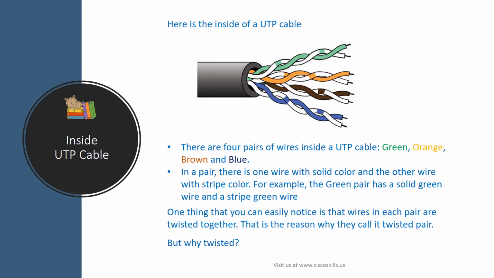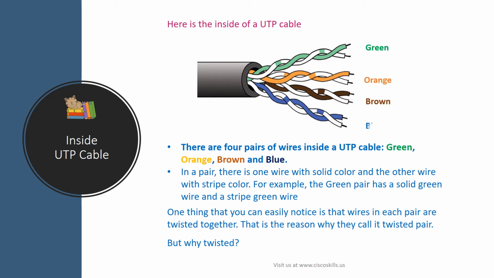To understand UTP cable, let's look inside a UTP cable. As you can see in the picture, there are 4 pairs of wires inside a UTP cable: green, orange, brown, and blue. In a pair, there's one wire with solid color and the other wire with striped color.